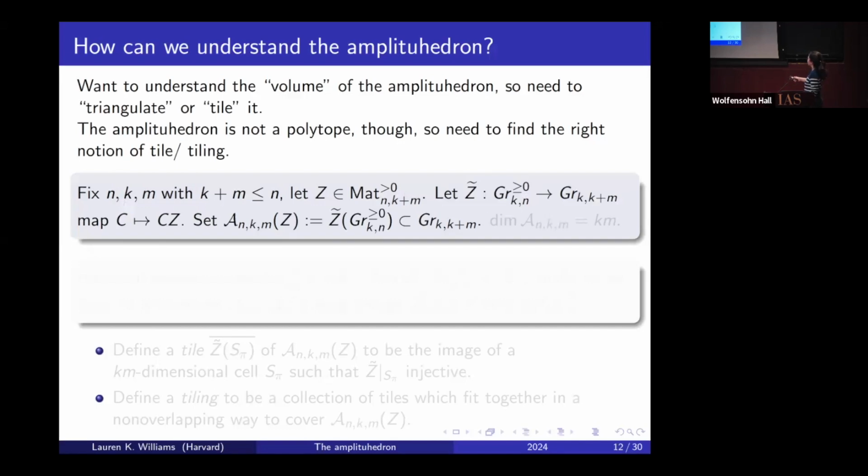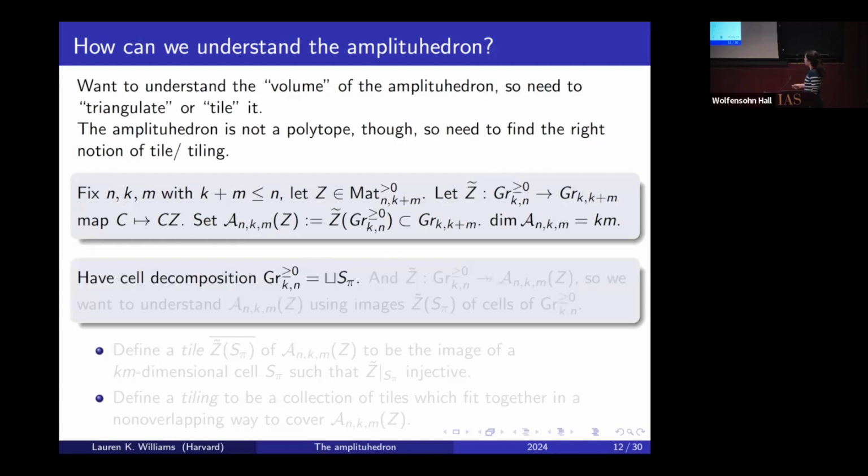Okay, so this again is just a reminder of the definition of the amplituhedron. And as I mentioned before, the amplituhedron is full dimensional in the Grassmannian of k-planes in k plus m space. So in particular, it has dimension k times m. And we have a cell decomposition of the positive Grassmannian, which we completely understand. And the amplituhedron is the image of the positive Grassmannian.